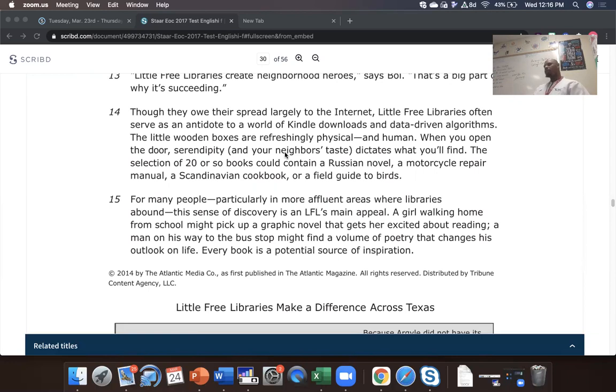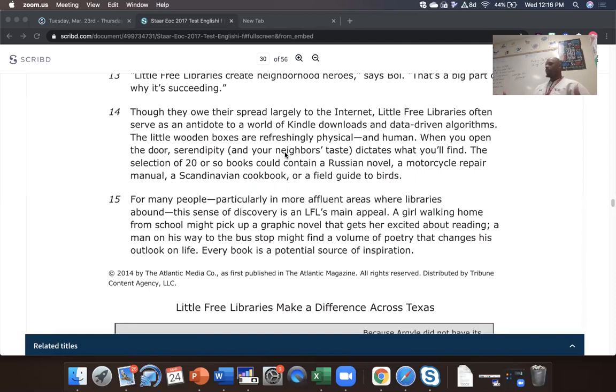I wouldn't say preference. Serendipity means chance, right? Like something that can't really be predicted. So when it says when you open the door, serendipity dictates what you'll find, it could be luck of the draw.